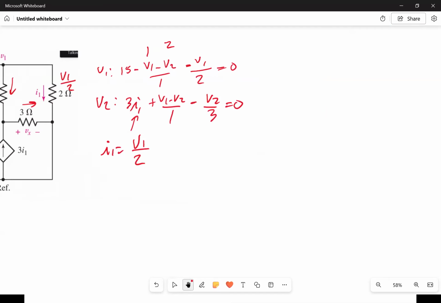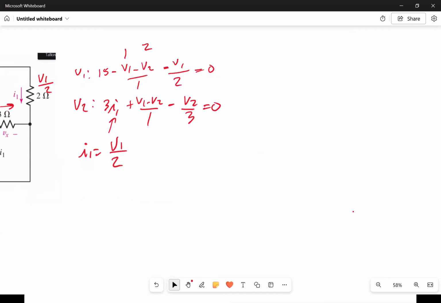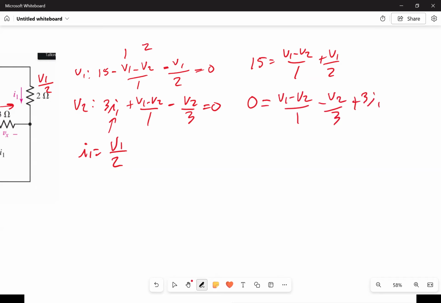Now I'm going to set these all up in standard form. I have 15 equals (V1 minus V2) over 1 plus V1 over 2. Then I have 0 equals (V1 minus V2) over 1 minus V2 over 3 plus 3I1.